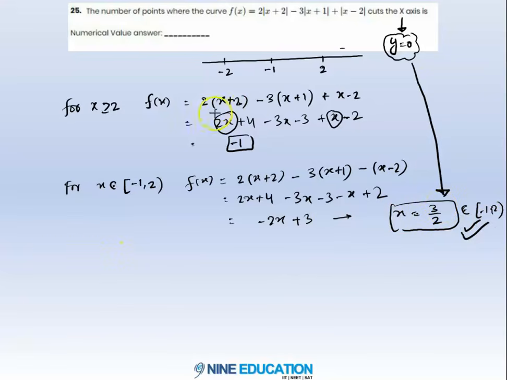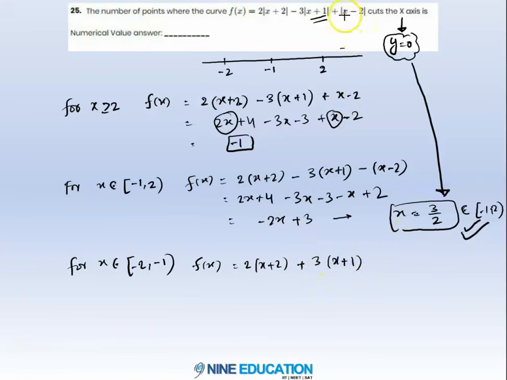Now let us try for the x values belonging to minus 2 to minus 1. Now minus 2 to minus 1, still the first one will be positive, so 2 times of x plus 2, but the second one will be negative. This x plus 1 will become negative in this interval, so it is going to open with minus, so it will become plus 3 times of x plus 1.